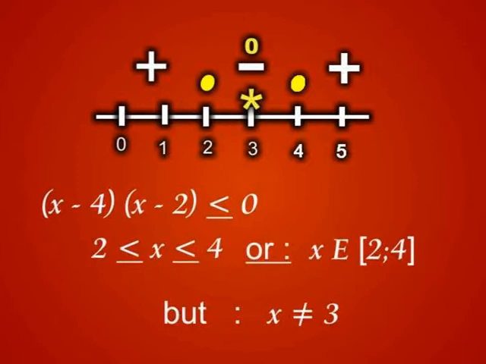Just a quick note on this last notation that I've used. The square brackets are associated with the greater than or equals to sign, or the less than or equals to sign. The square bracket includes the last number. So in this example, the square bracket means that the x values could include 2 and could include 4.